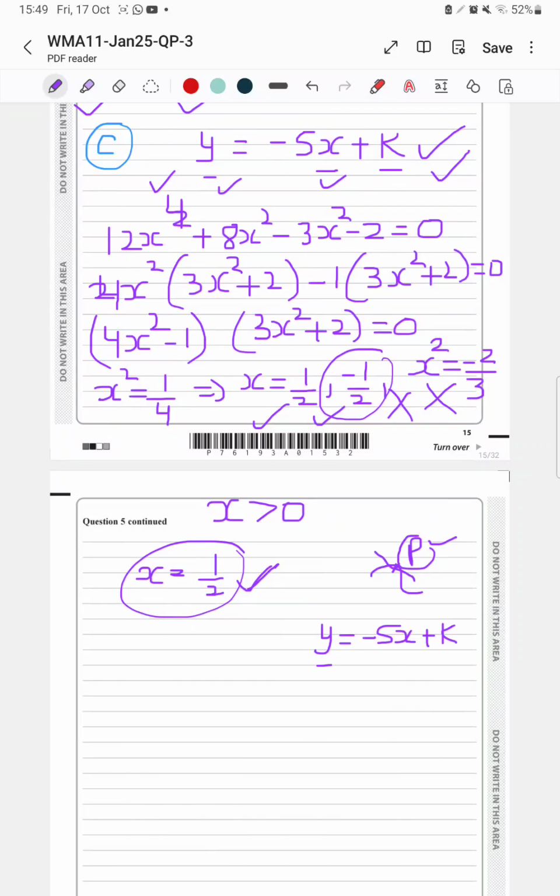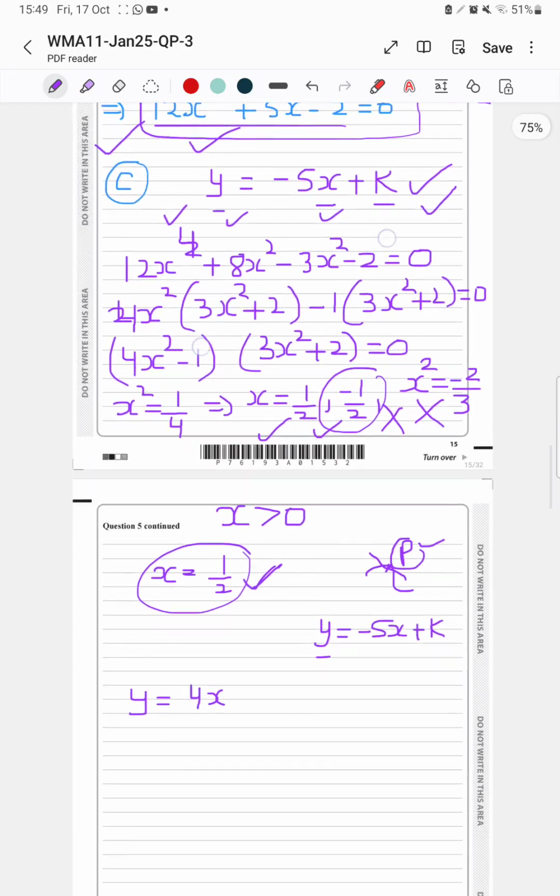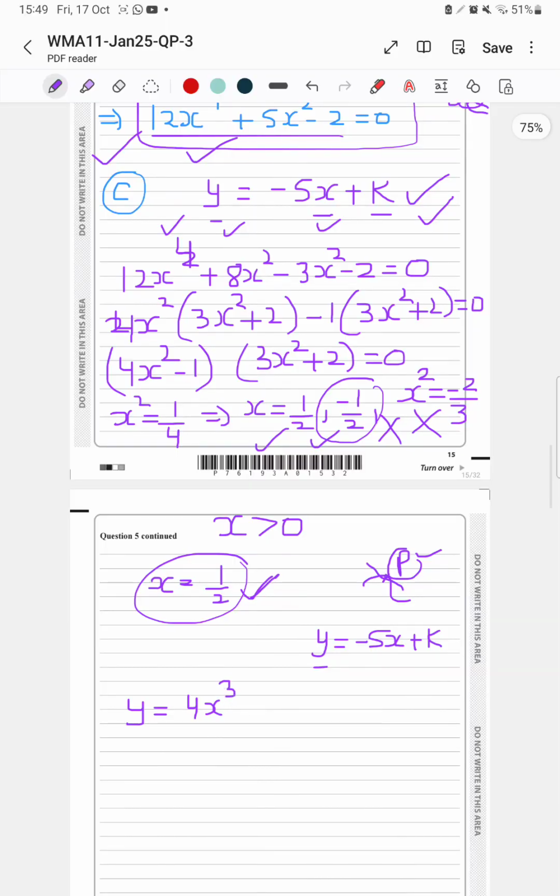So the given graph equation is y equal to 4x cubed. Let me see what the equation given here is. Yeah, it is given 4x cubed plus 2 divided by x plus 9.